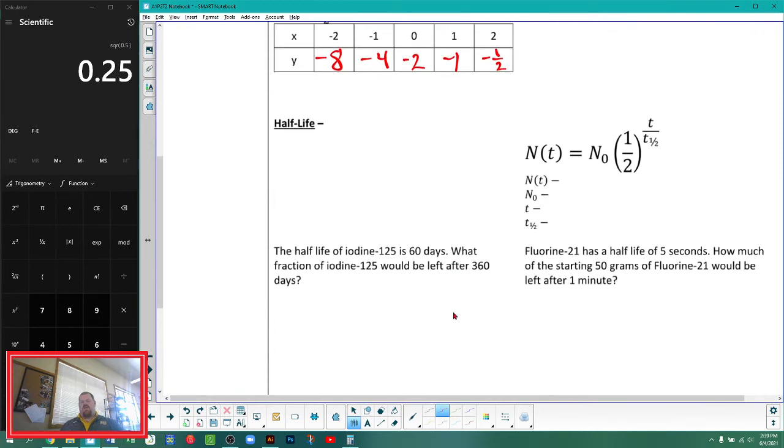Okay, now let's talk about another application of this that comes to what we call half-life. Half-life really deals in the bacteria world and kind of the science world. But bacteria decays over time.